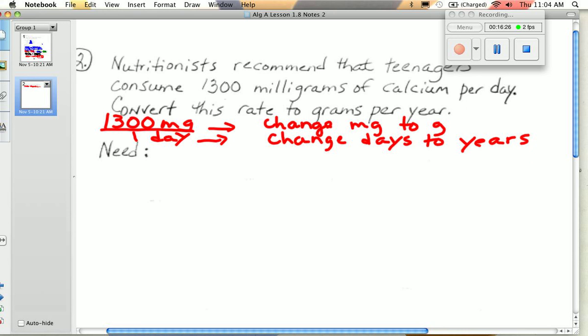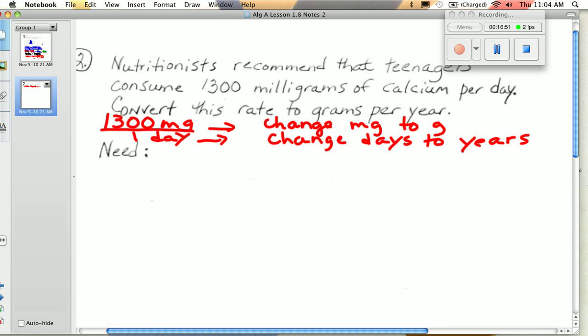Well, let's talk about what conversion factors we can use. We're not going to start multiplying yet. All we're going to do is pick conversion factors. How many do we even need to use? Can we go straight from milligrams to grams? Does anybody know how many milligrams there are in 1 gram? Milli is 1,000.